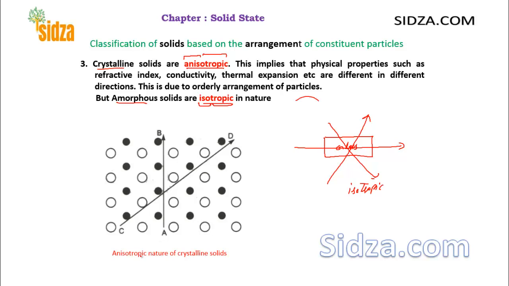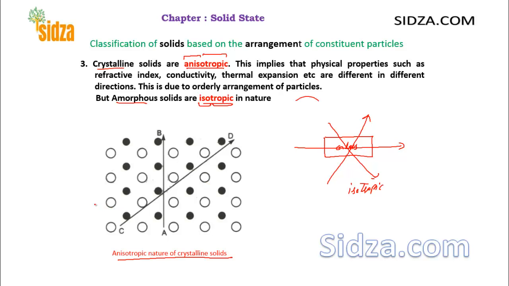You can see here the anisotropic nature of the crystalline solid can be explained with this diagram. In a crystalline solid we know that there is a regular ordered arrangement, and suppose this crystalline solid consists of two types of atoms, with a particular pattern, a regular ordered arrangement here. But suppose when a ray of light moves from A to B in this direction, and when the same ray of light travels from C to D, the arrangement of atoms here and here is totally different.